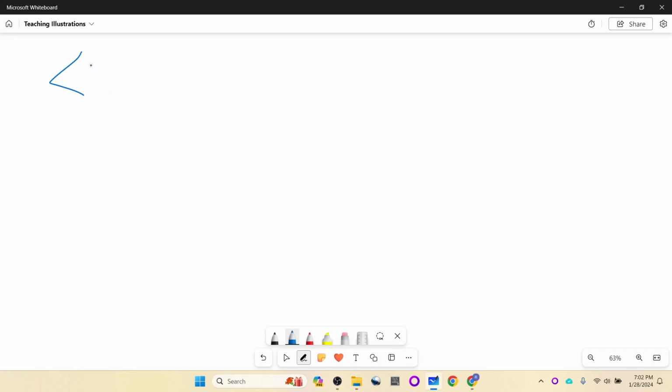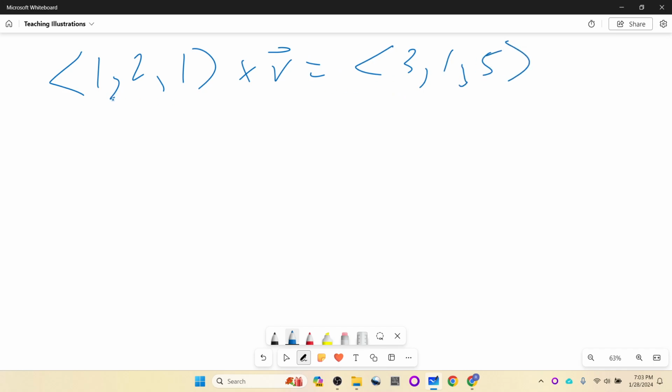Yeah, we had the same (1, 2, 1) cross V equals (3, 1, 5). I want to show there are no solutions to this one. Now, if you did this the exact same way as before, you would eventually get to a non-answer like 2 equals 5. And when you get nonsense like that, you know it's going to be no solution.